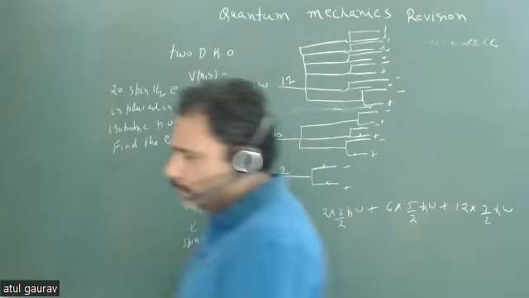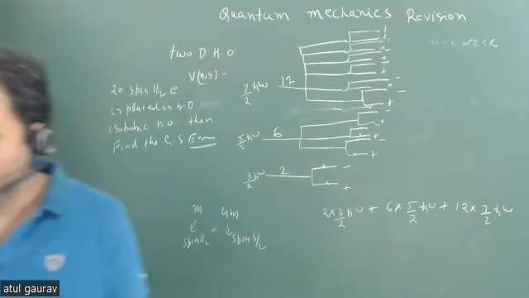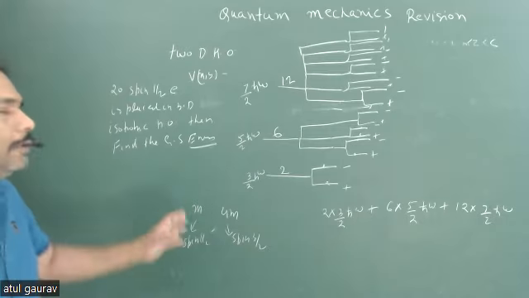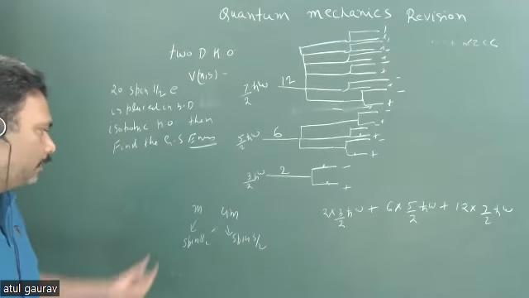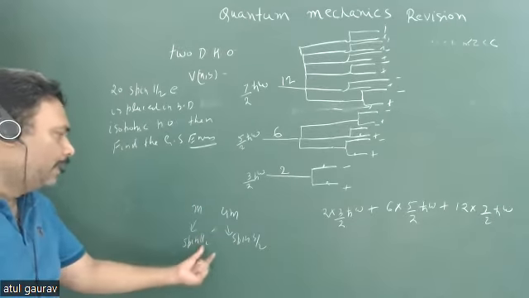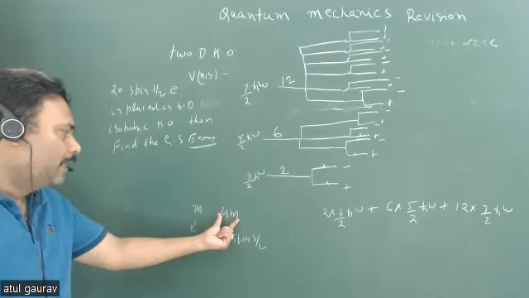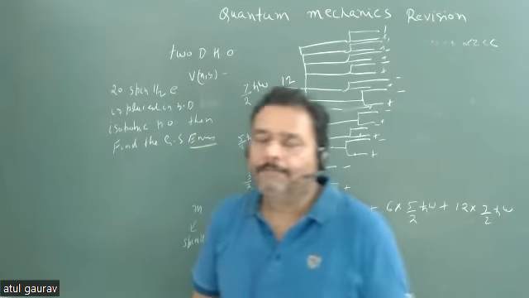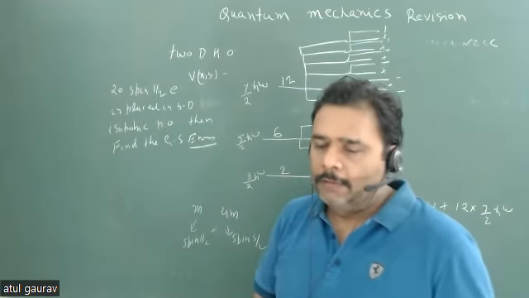Can you repeat the question? I am saying that there are two types of fermions. One has mass m with spin half. Another has mass 4m with spin 3/2. Then how are they going to adjust in each and every level?